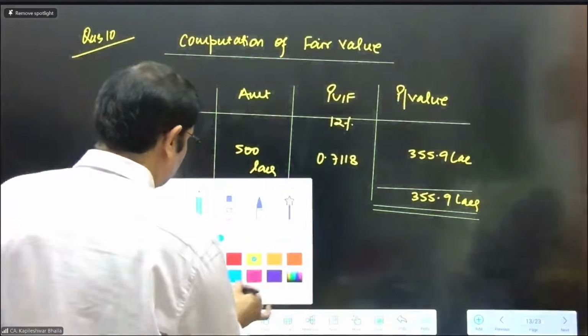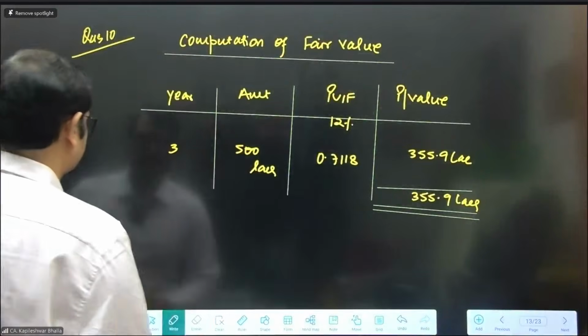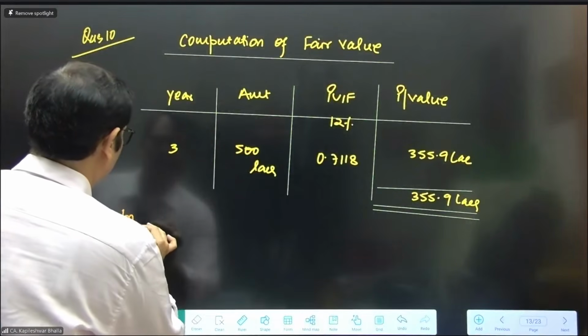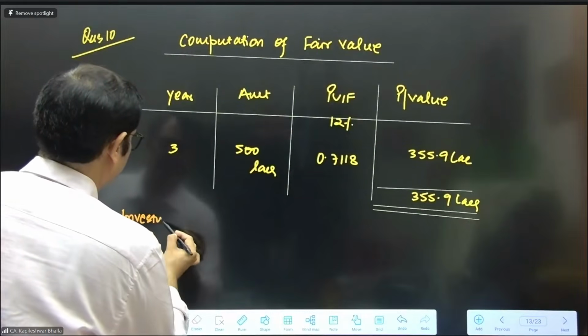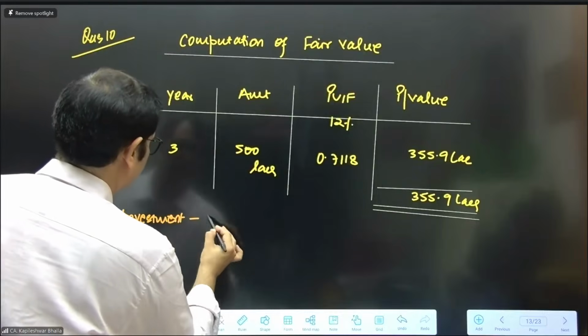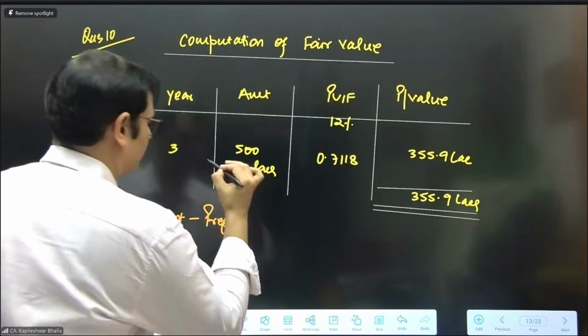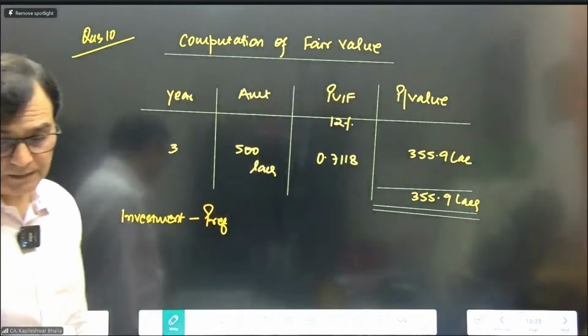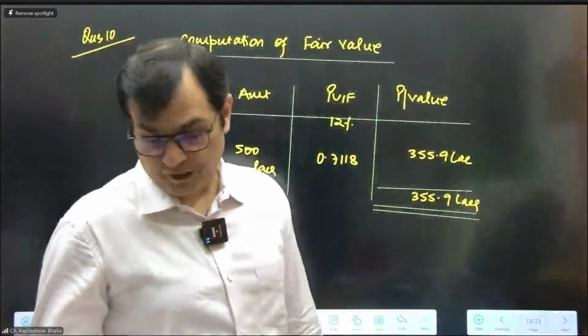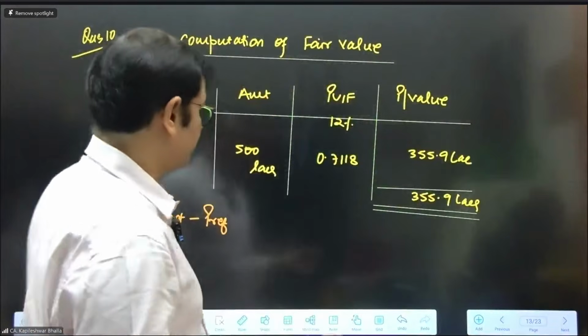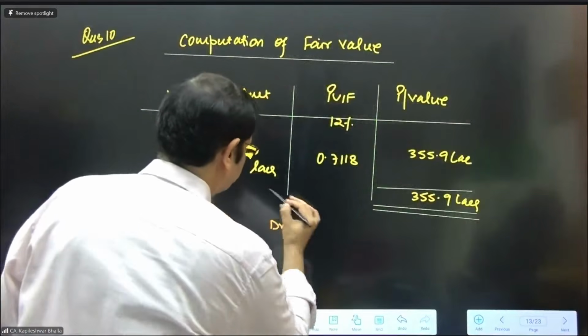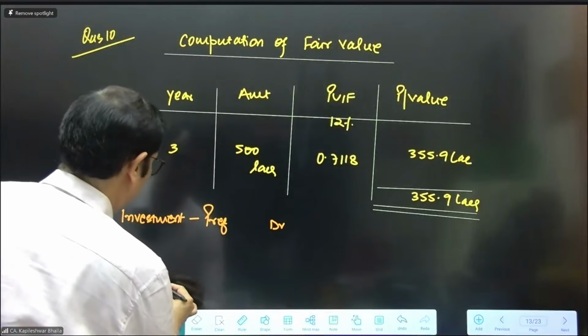So let's now begin with the entries. There is going to be an investment in the preference shares by the parent. So he's made an investment in redeemable preference shares. That gets a debit, and the bank gets a credit.